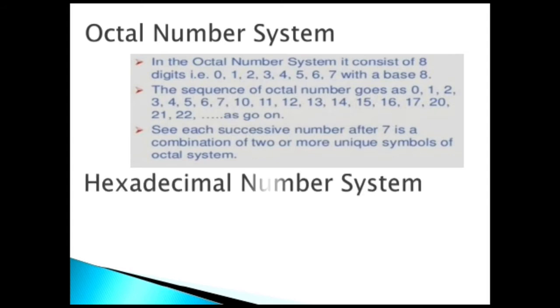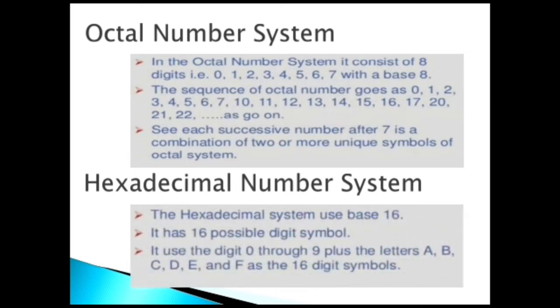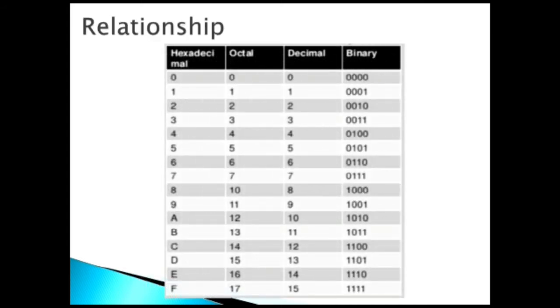The hexadecimal number system uses digits 0 through 9 and the alphabet A through F, and its base is 16 or the radix is 16. This table shows the relationship between all the 4 types of number system.